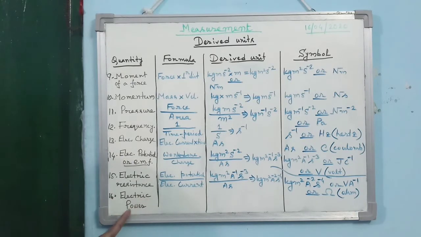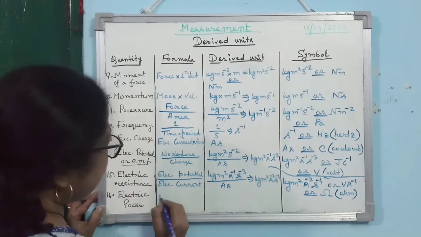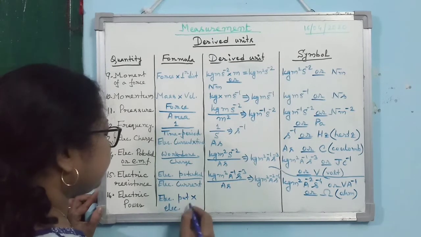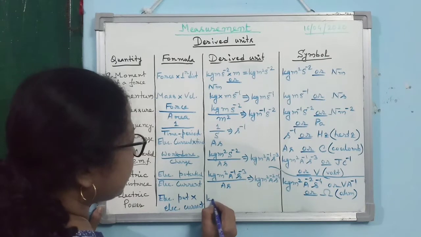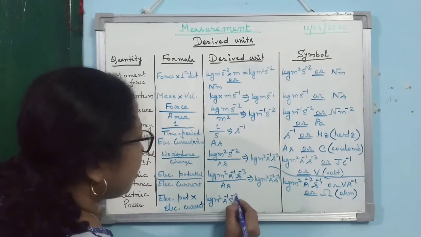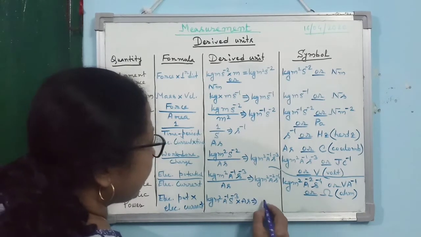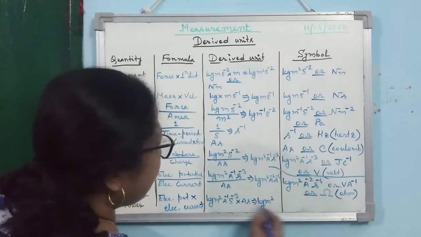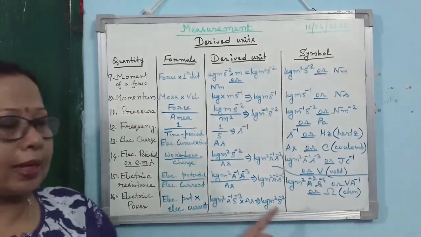Alright, the next is electric power. Electric power, we define it as electric potential into electric current. So you see, electric potential is kg meter square A to the power minus 1 s to the power minus 3, and electric current is A. So you are getting kg meter square s to the power minus 2, same as that of mechanical power.